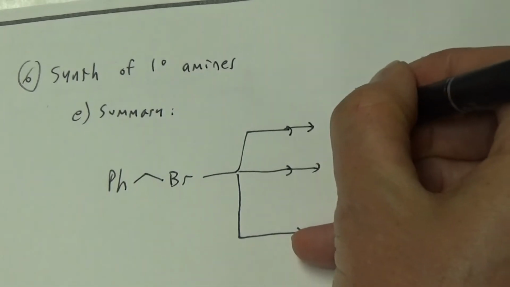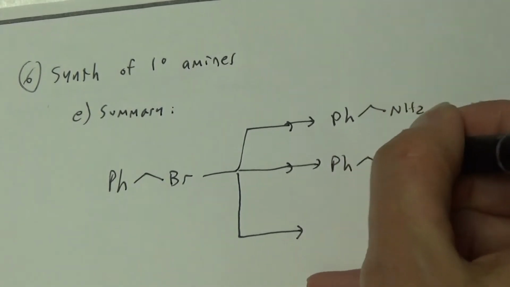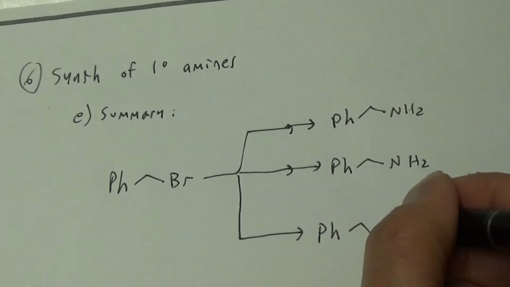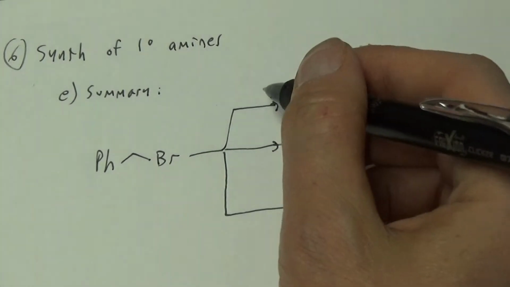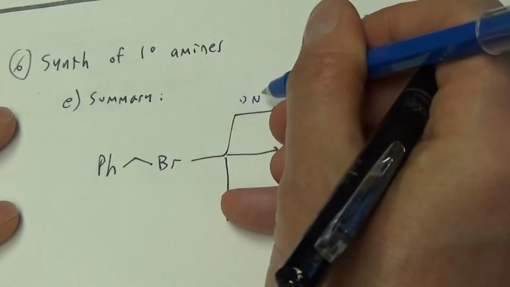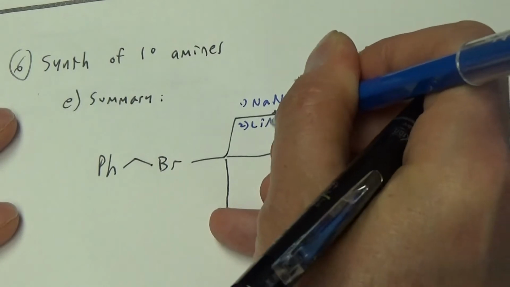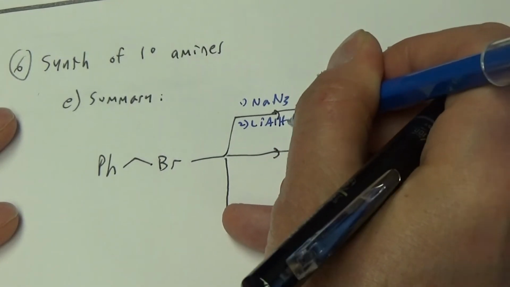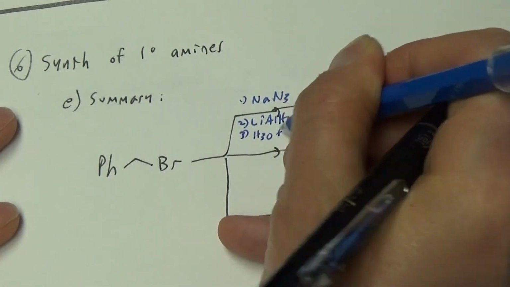Two of them directly give you the primary amine, and a third way gives you the primary amine plus an extra carbon. Method 1, as we described it, was the azide method: NaN3, then lithium aluminum hydride (LiAlH4), then H3O plus.